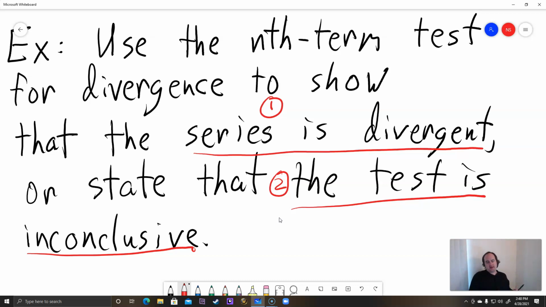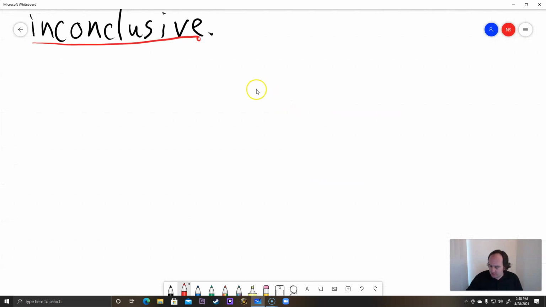Unfortunately, the nth-term test does not tell you if something converges, and if it does converge, it doesn't tell you what the series converges to. So it can only tell you whether it's divergent or inconclusive.